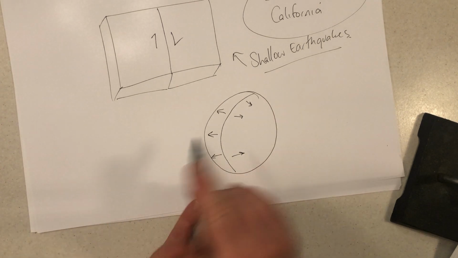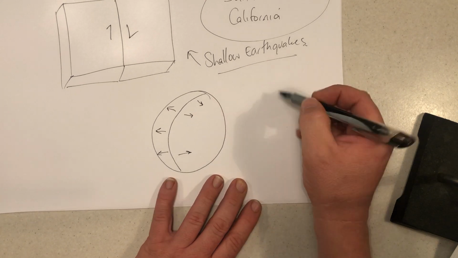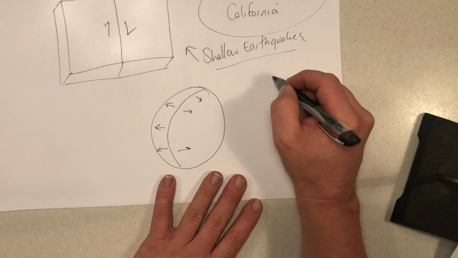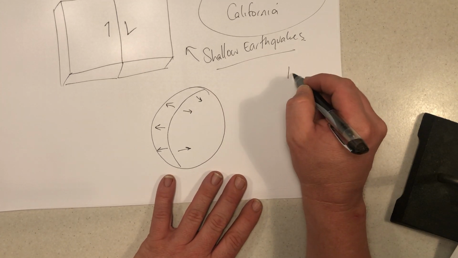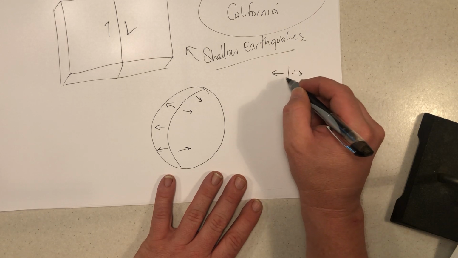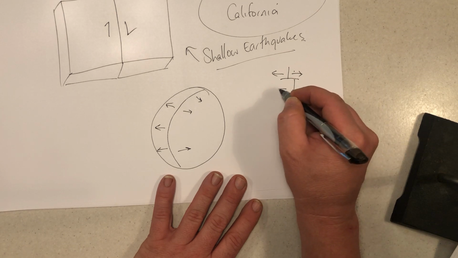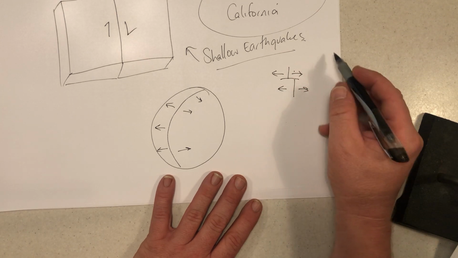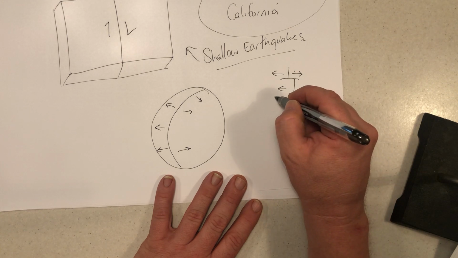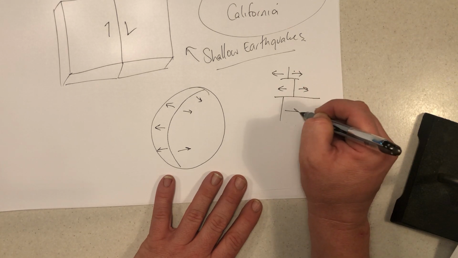However, nature doesn't work perfectly like this. It won't form a nice arc. But what you'll end up with is, I guess, a bit of movement this way. And then you'll end up with a transform fault. And then you'll have a bit of movement this way. This is at a divergent boundary. Then you'll have another transform boundary and then another plate movement.